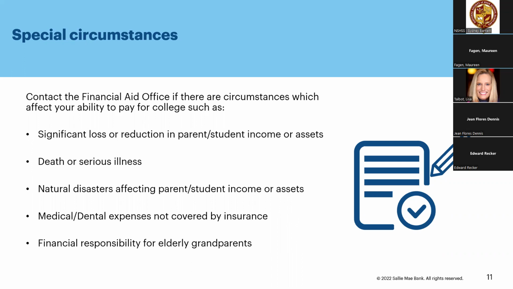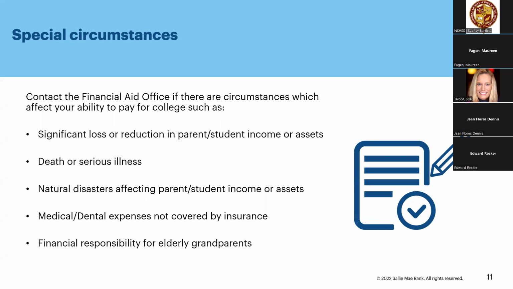Yeah. So basically, you need to provide documentation for whatever special circumstance you're alluding to. In the case of income and assets, you would really need to document that and show that to a school and let them know that your situation has changed. They do call it a financial aid appeal, is what you're looking for.